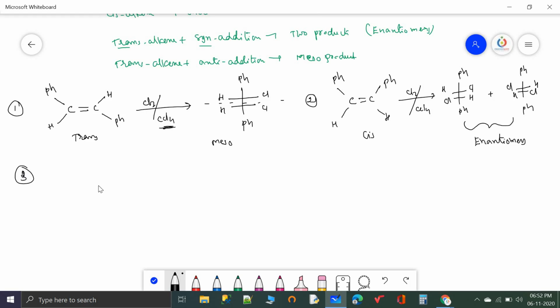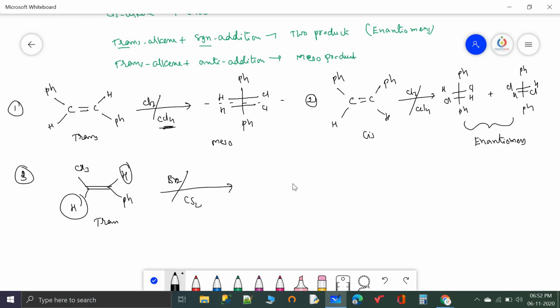Now, third compound. This is trans because the hydrogens are on the opposite side. You take the bromine and the CS2. So we can easily expect that halogenation is always anti.